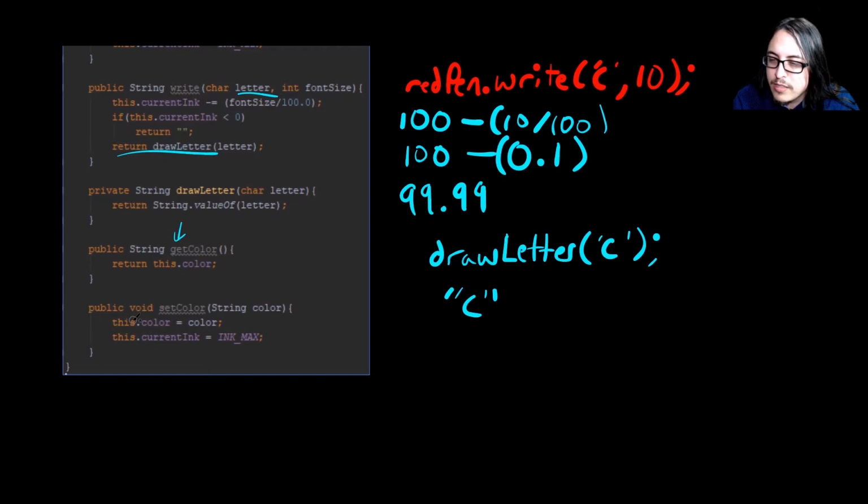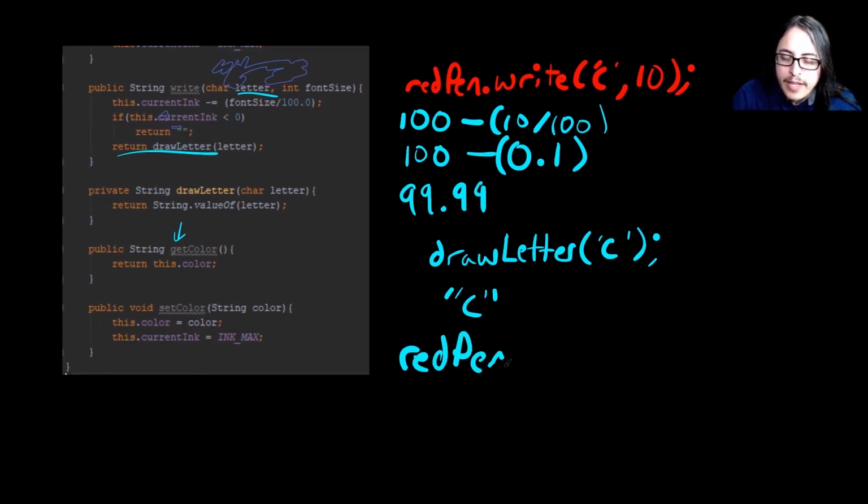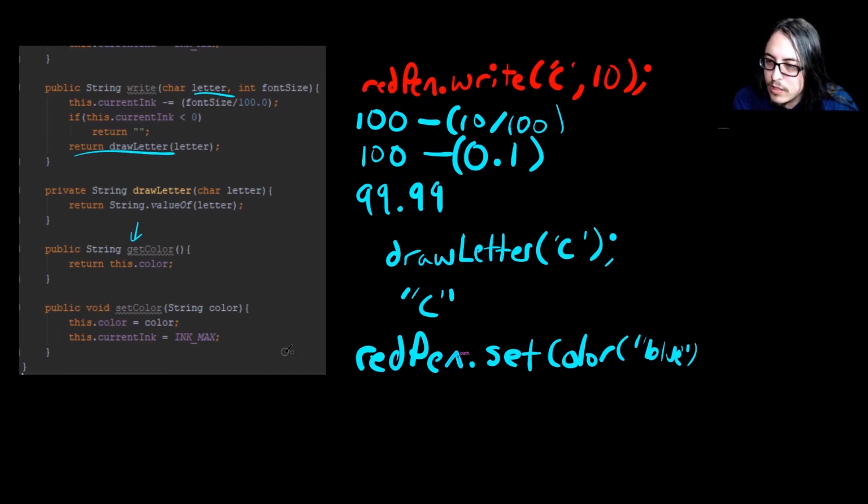Okay, so what does this do? This sets this dot color equal to color. So if I was to say red pen dot set color blue, this red pen would now have an ink level of 100 and a color of blue.